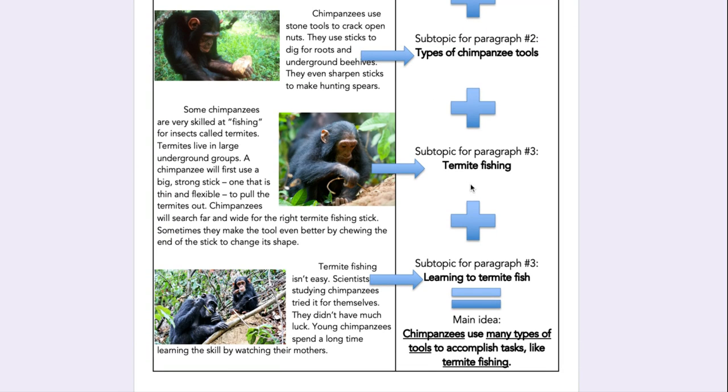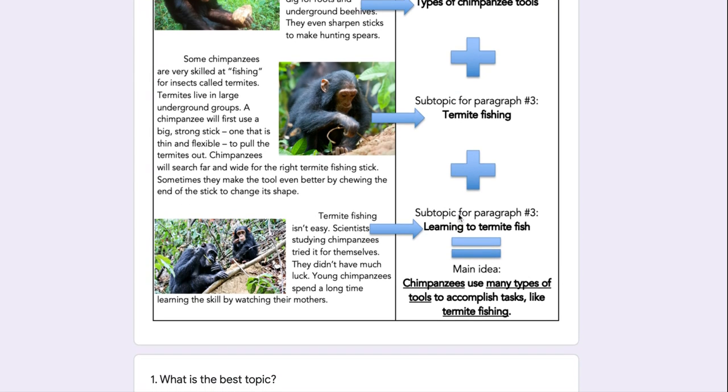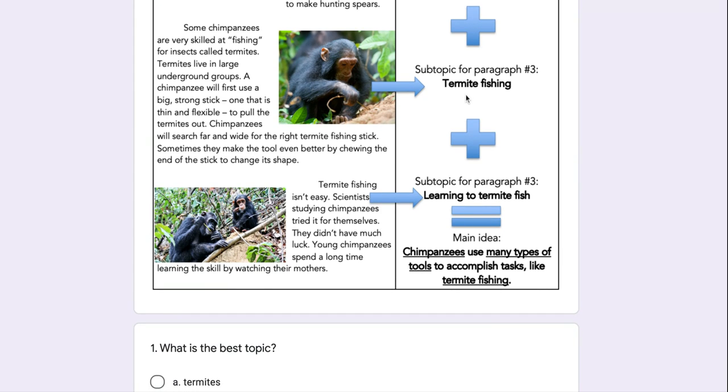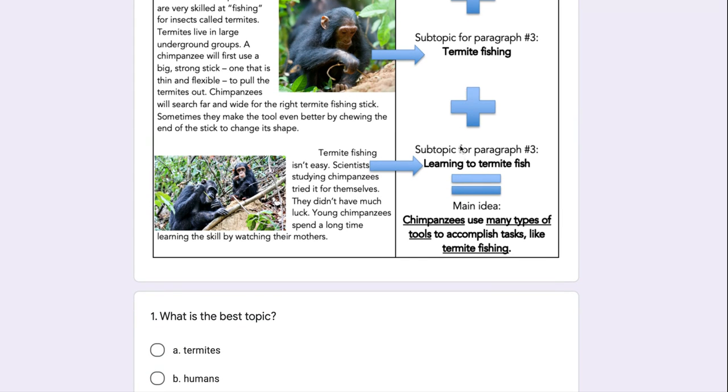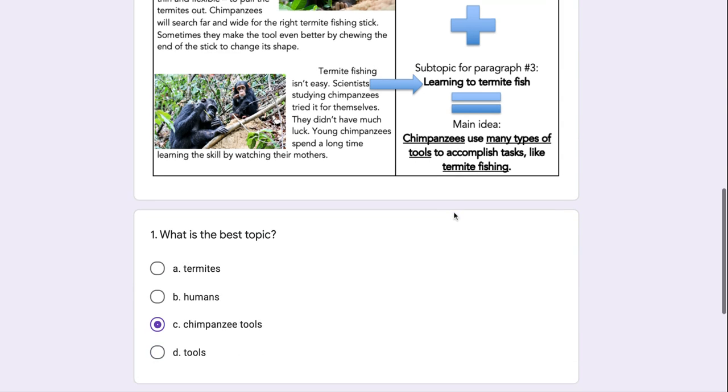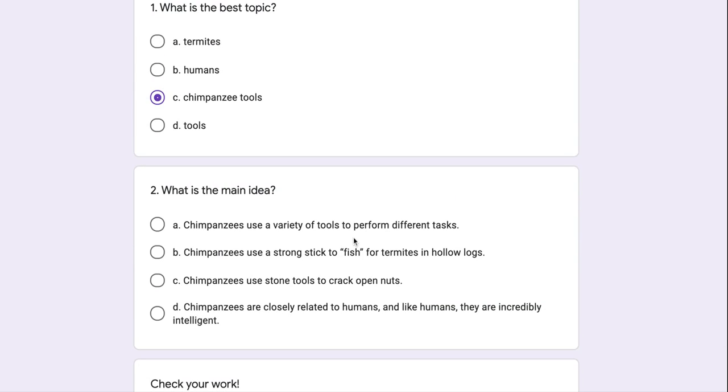Paragraph 3 talks about termite fishing, less so about using different tools to perform different tasks, so we're not going to use paragraph 3, nor are we going to use paragraph 4 because it also is talking about termite fishing. So we've got 2 pieces of evidence to support option choice A.